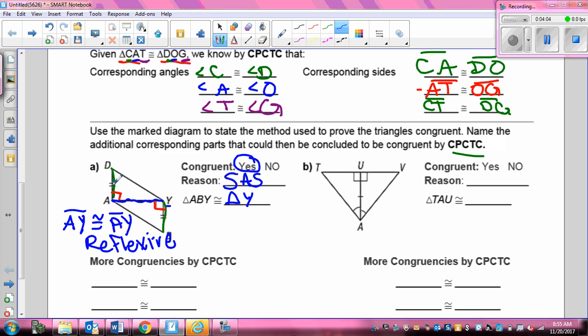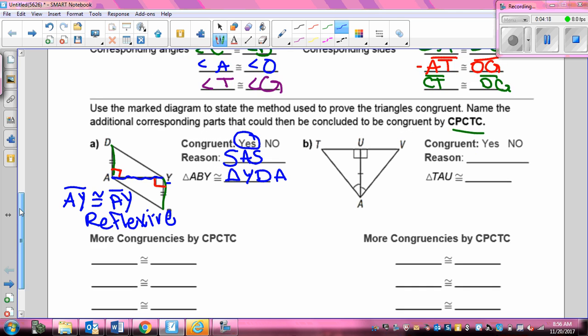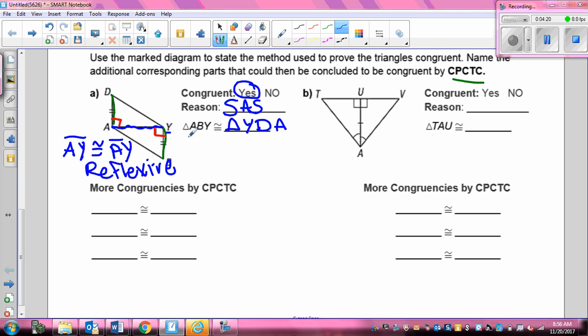And then up top that's in between green and no congruency is D. And then they went to Y, which is the right angle. On the top triangle, the one with the red right angle is A. YDA.